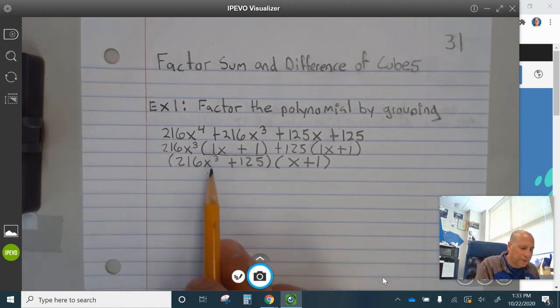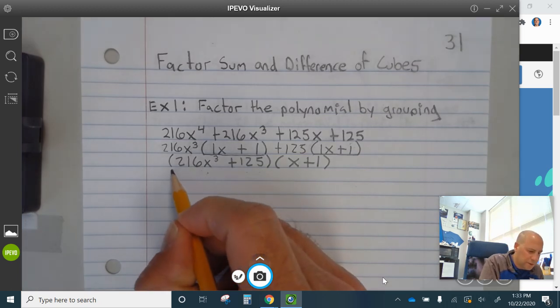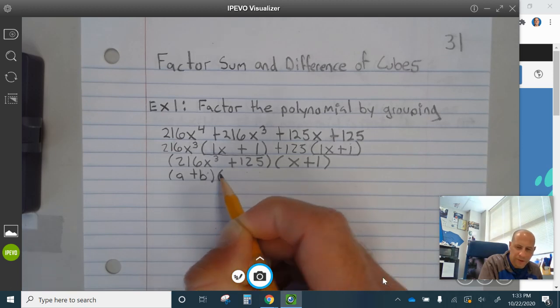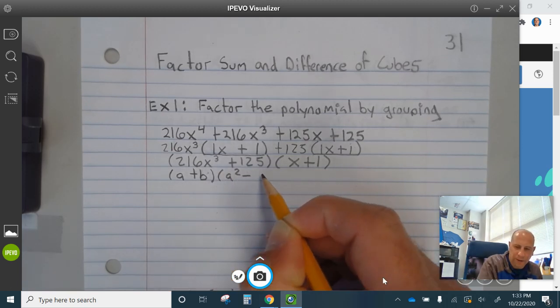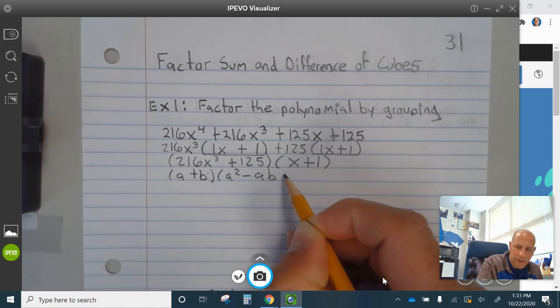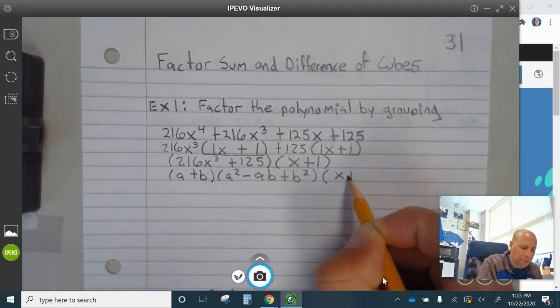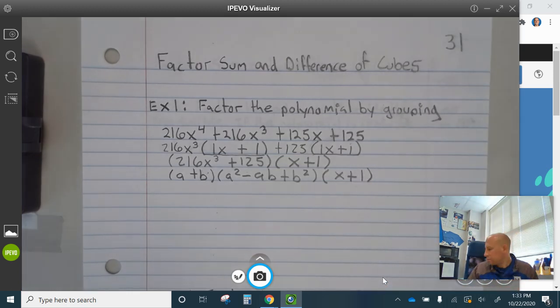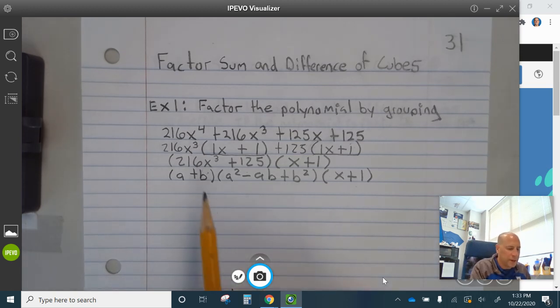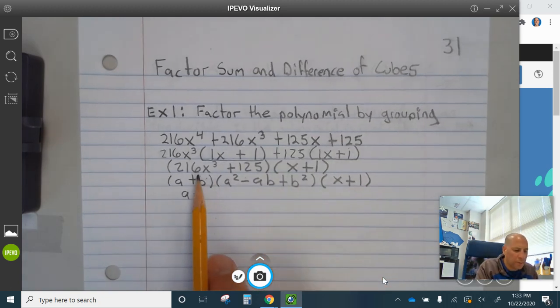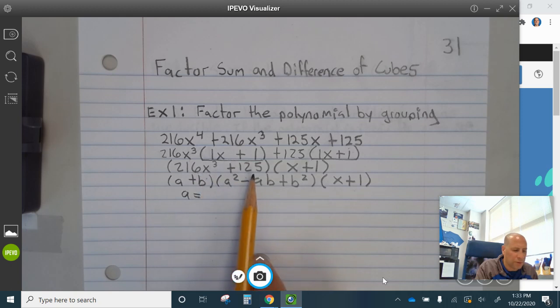So what this is going to become is A plus B, parentheses A squared minus AB plus B squared, times x plus 1. So we need to now find out what A and B are. A is what number cubed gives you 216x cubed, and what number cubed gives you 125?